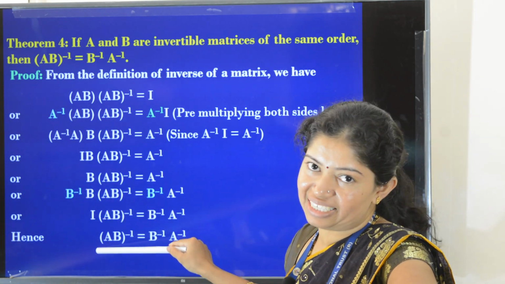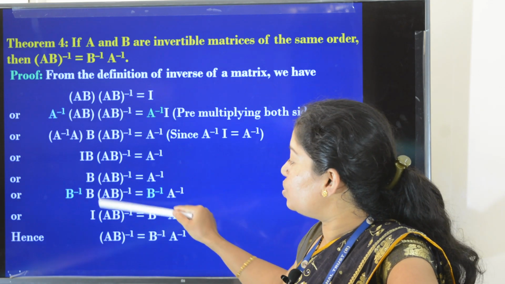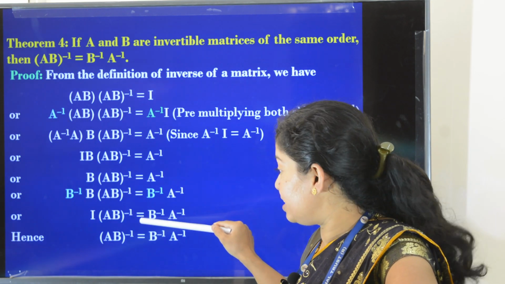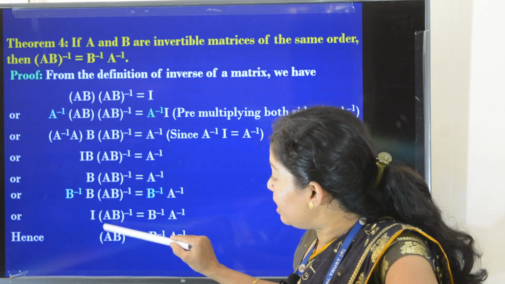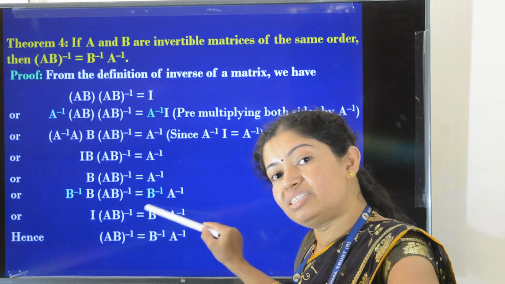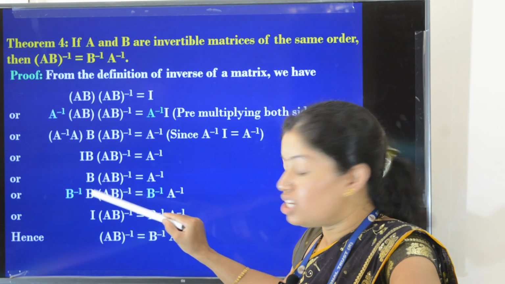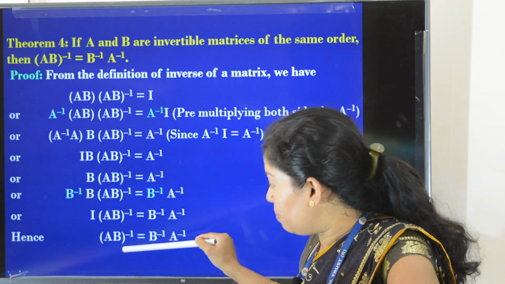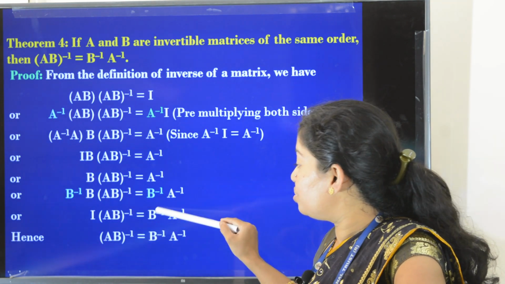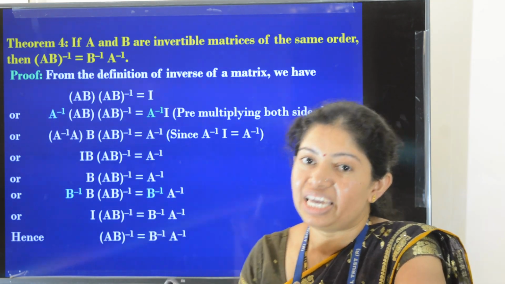It is the identity matrix. So I into AB whole inverse is equal to B inverse into A inverse. Again, identity matrix into this will give you the same matrix. So AB whole inverse is equal to B inverse into A inverse.